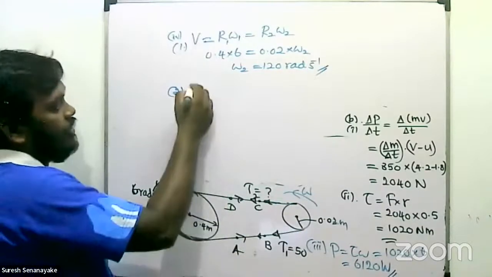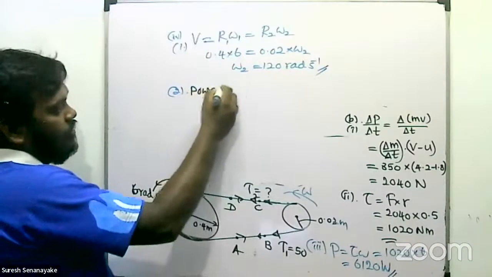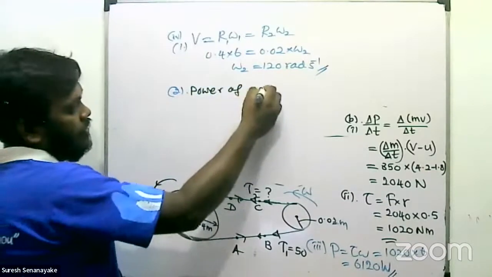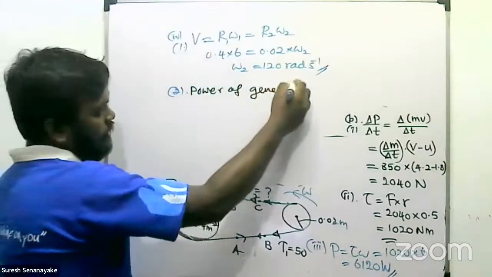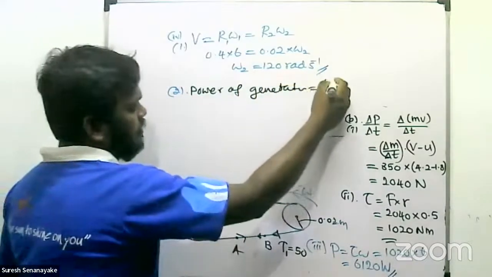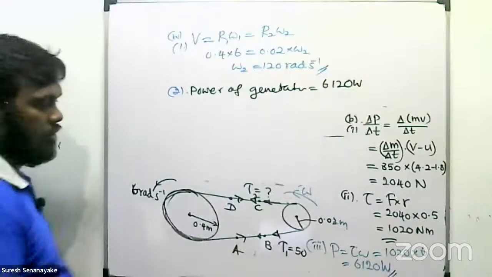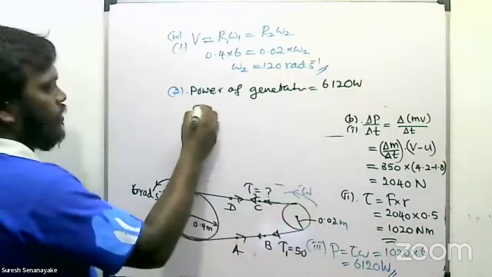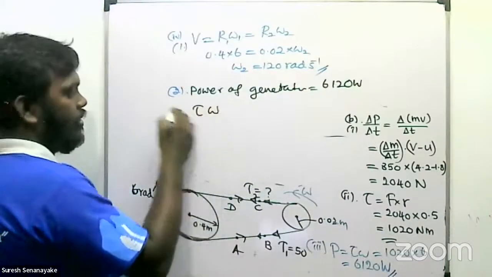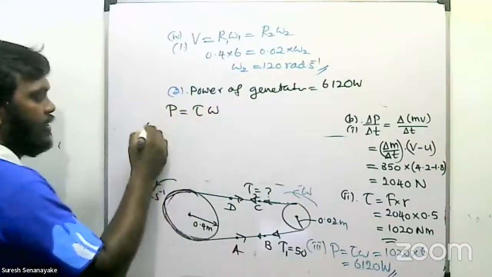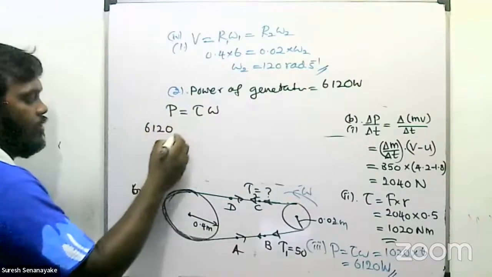So the power of the generator is the same as this, 6120 watts. So its power equals torque into omega. Its power is 6120.